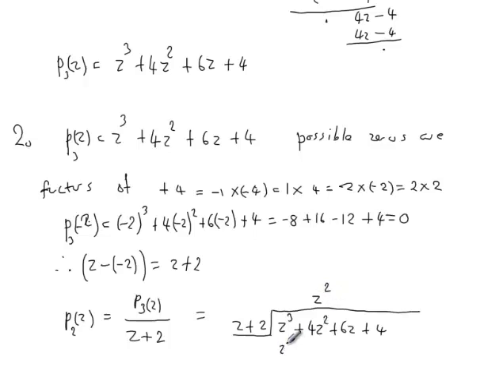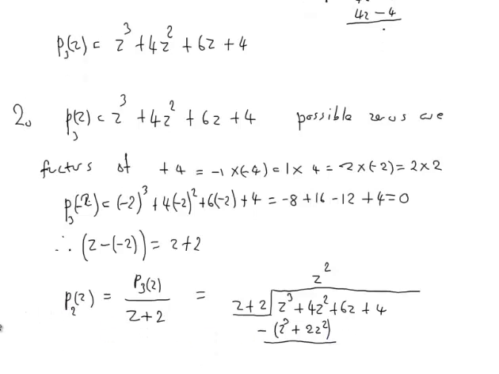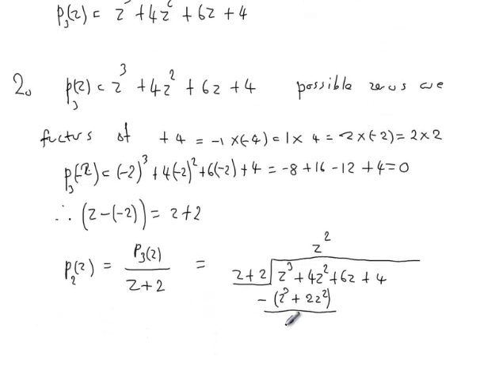Then you get Z cubed plus 2Z squared. You subtract, you get 0 here, then here you get 2Z squared, then you bring your linear term 6Z down.